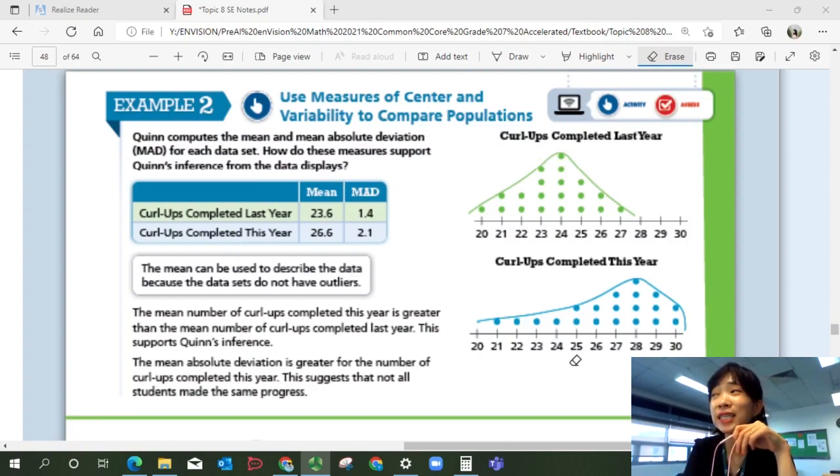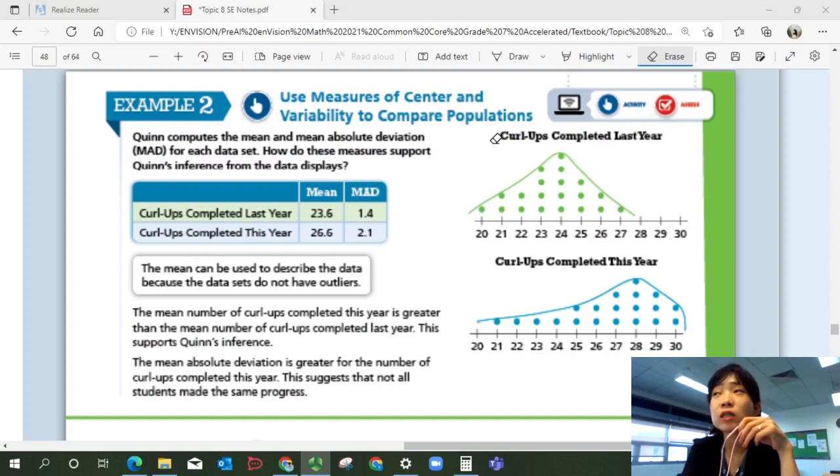MAD, what is a MAD? Mean absolute deviation is when you figure out the distance of each point that is away from your mean, and then you figure out the mean of those distances. So it basically represents how far away they are from the mean.